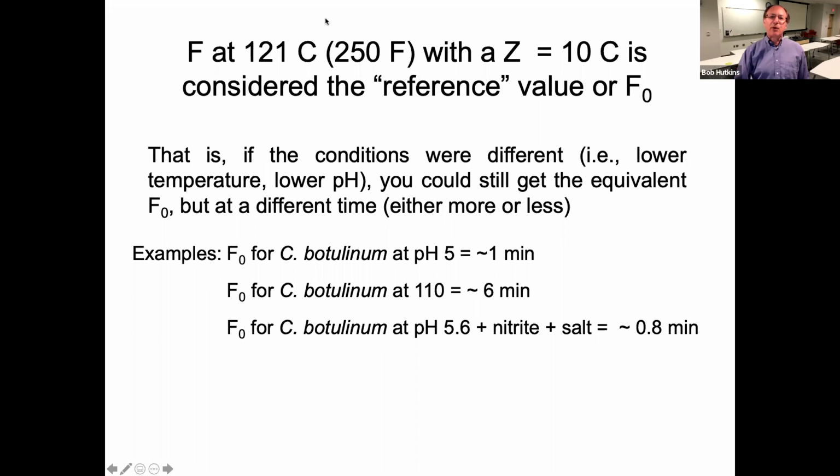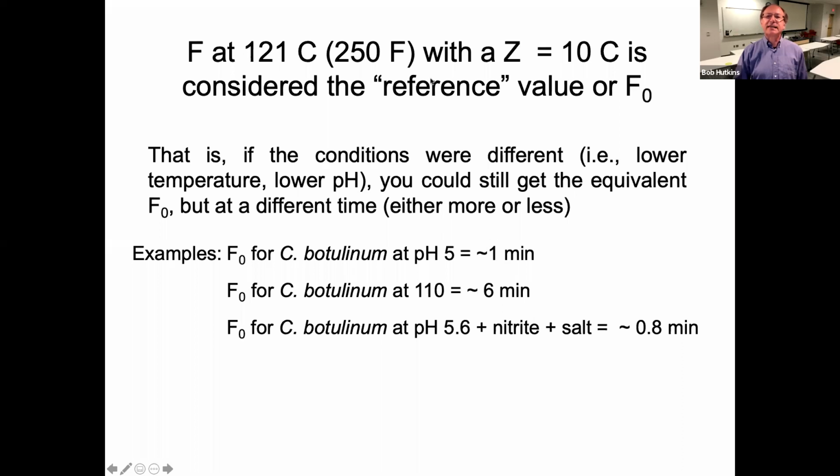And we use that Z equals 10 is kind of the reference value. But if the conditions were a little bit different, like the pH was lower or we were at a different temperature even, you can get the equivalent of this. You can, and we call that the F sub 0. You can get the equivalent of that at different temperatures. So at 121, if the pH was 5, that 12D value would only be about a minute.